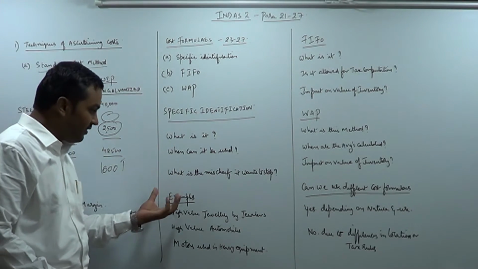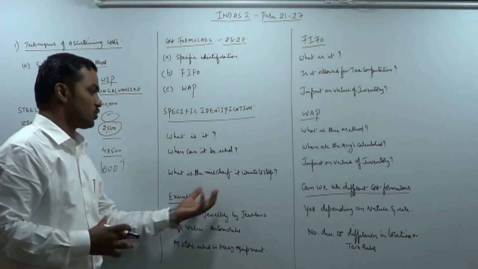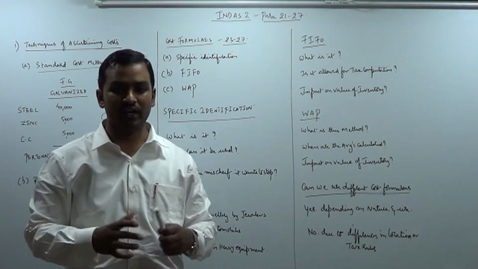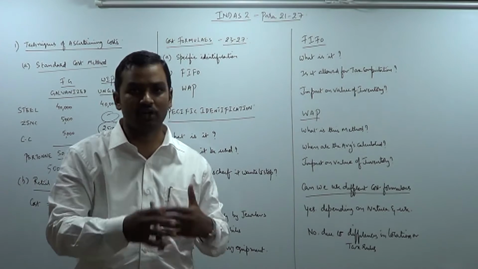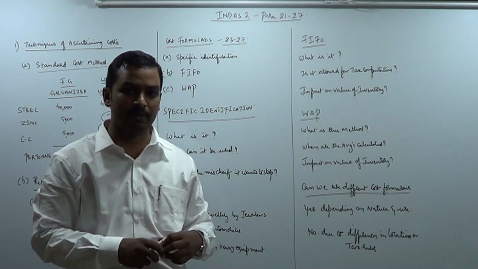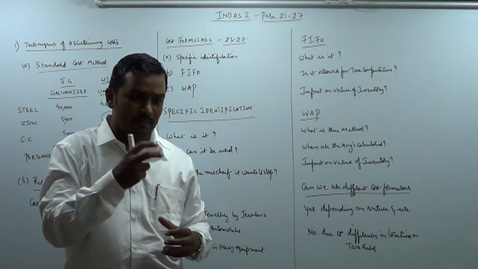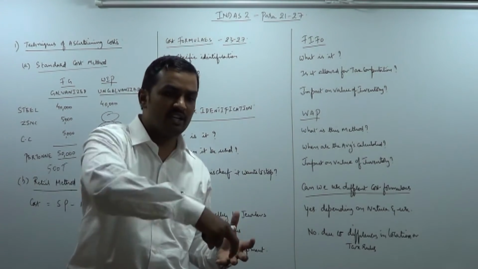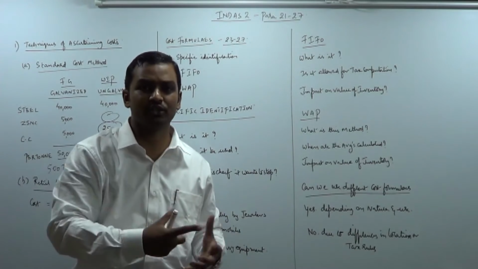Now, specific identification method is used to stop a particular mischief. See, what may happen is, if you are having high value goods which are not interchangeable, the method of consumption or method of selecting the goods to remain in inventory can be used for manipulation of profits.